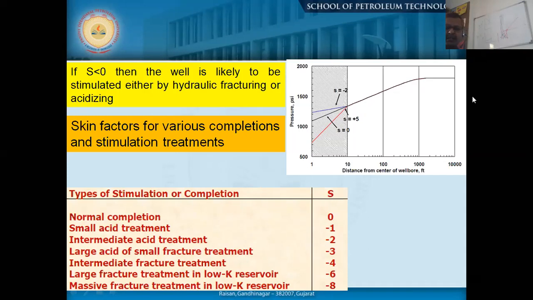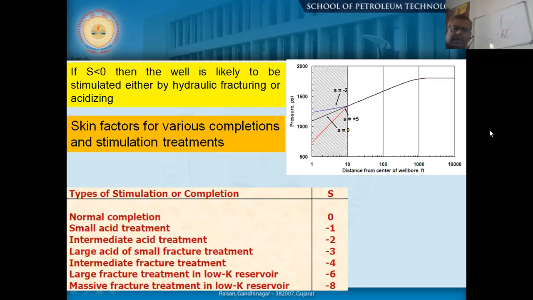Acid washing is just done to remove the impurities in the wellbore and the completion. Yes, that means if it is done just within the wellbore or maybe the perforation, we can consider it an acid wash. Acidizing or acidization can be stimulating, that means you are trying to go beyond your wellbore.